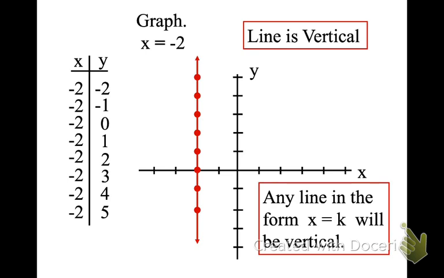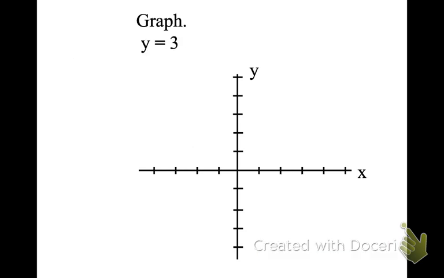So if x equals a vertical line, what do you think equals a horizontal line? Y equals a constant. Right. So we're going to try that. This time, in my table, what's constant? For y, you put all 3's and you get to choose for the x. So I'm going 0, 1, 2.